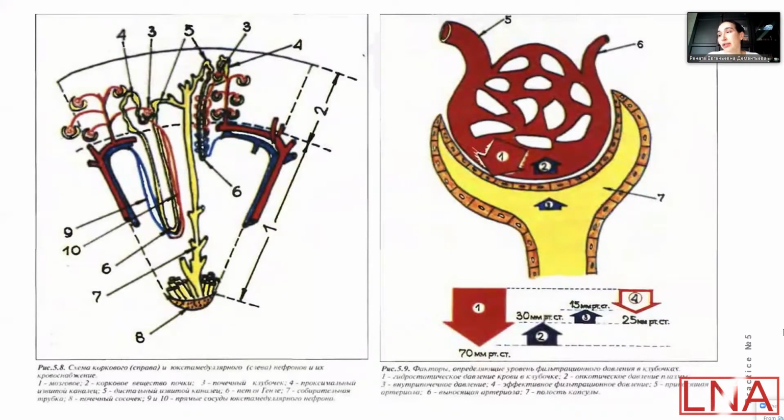Also, filtration pressure in the glomerulus depends on the lumen of the efferent and afferent arterioles, and on this difference in pressure depends the level of filtration pressure and the level of diuresis.